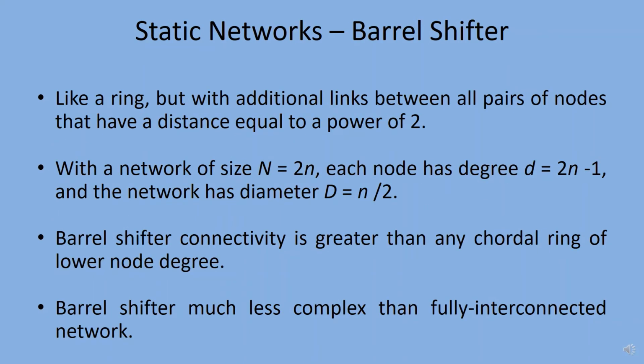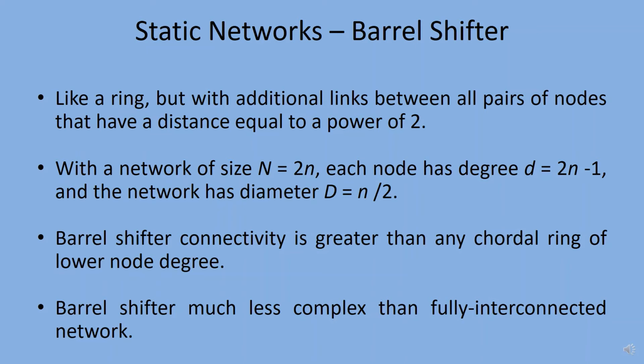Barrel shifter. It is like a ring but with additional links between all pairs of nodes that have a distance equal to a power of 2. With the network size of n equal to 2^n, each node has degree d equal to 2n minus 1, and the network has diameter D equal to n/2.